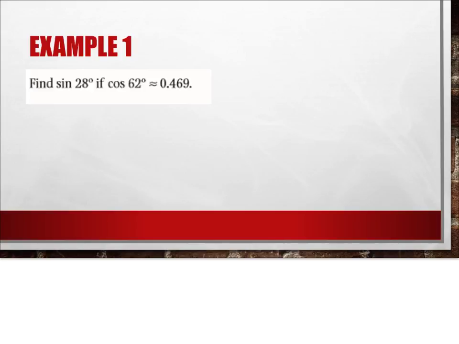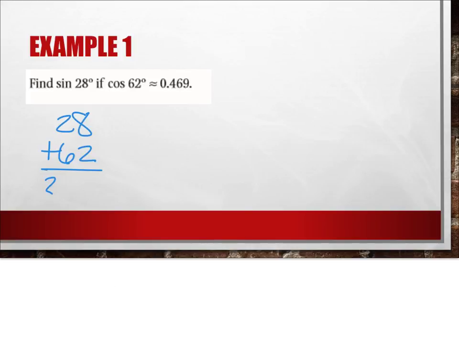The sine of one acute angle in a right triangle should be equal to the cosine of the other acute angle in a right triangle. So in example 1, they tell us to find the sine of 28 degrees if the cosine of 62 degrees is approximately 0.469. Well, here's what we have to check first: 28 plus 62.